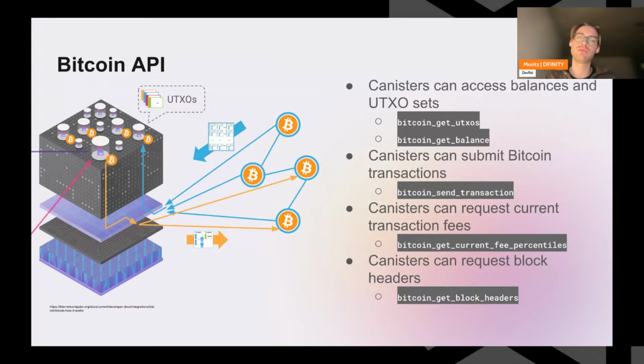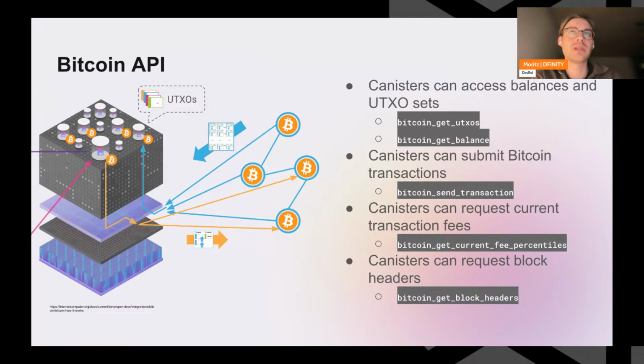Let me quickly go through the functions that it offers. So the ones with the gray background. The first one is Bitcoin get UTXOs. So the way you imagine this, I'm actually covering this in another workshop I'm doing on Wednesday. That's practical, where we actually look at how to code an application that uses this API.